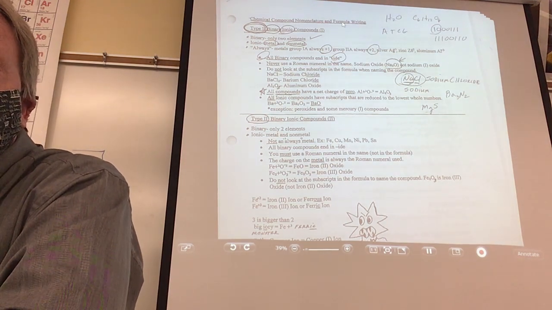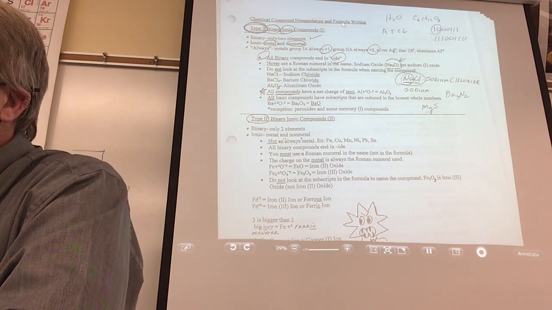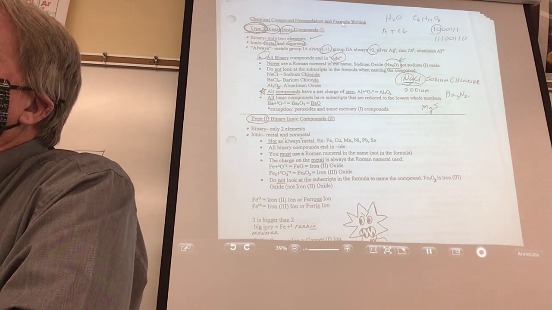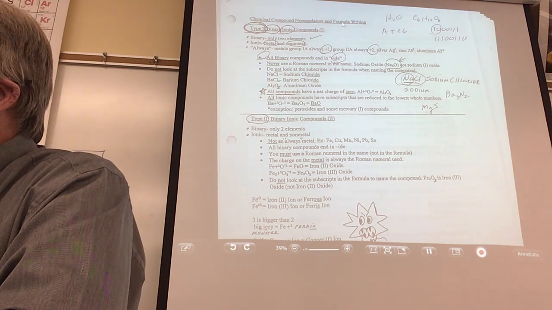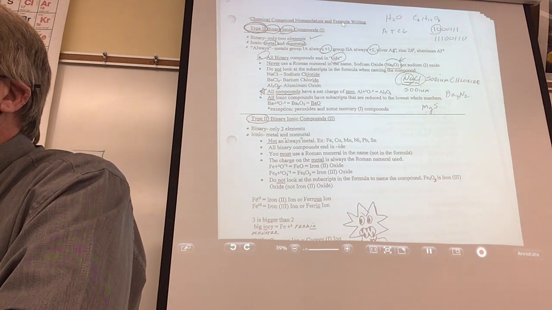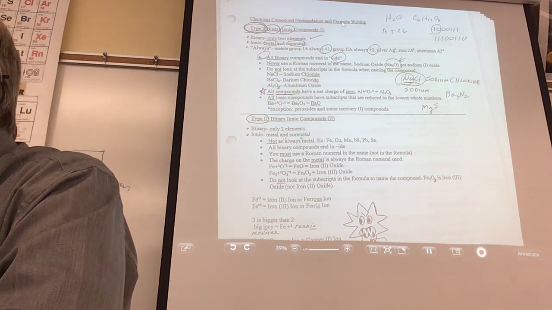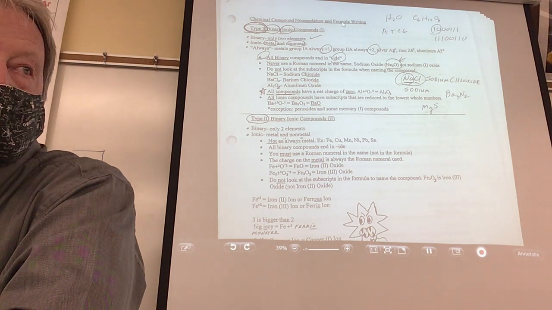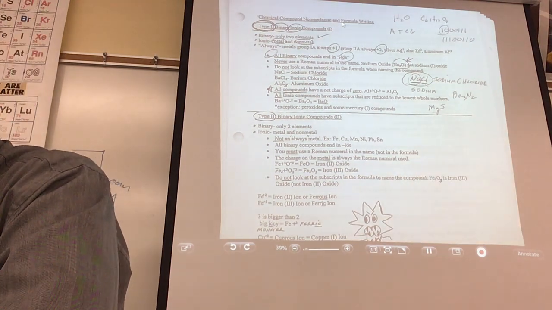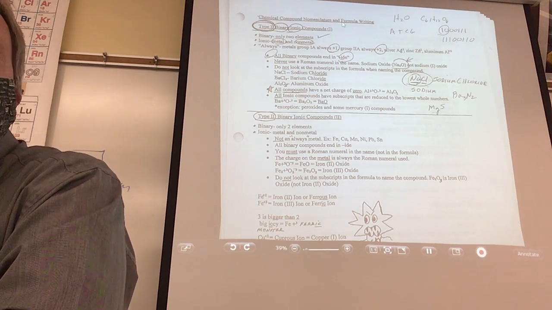You get it? Now your face is the only thing I have to tell whether or not we're getting this. Now, there are two things you have to be able to do with type 1. If I give you the formula, you have to write the name out. But there's another thing that's a little bit harder. I'm going to give you the name, and you have to write the formula. And that's where you have to pay attention. I think the first part, the name, you got down. Yes?